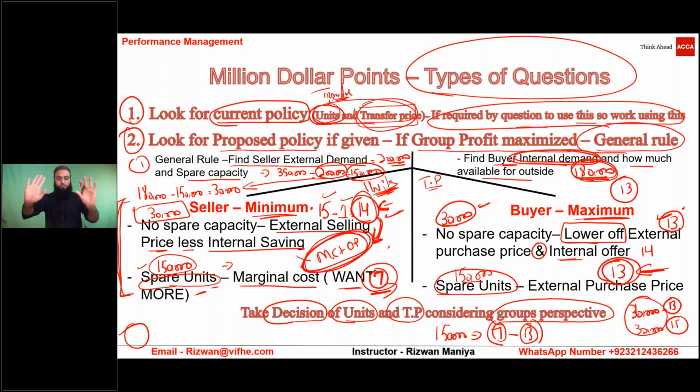Got it? So what is the decision now? We found the decision for two things, units and transfer price, which means the units that will be transferred will be the 150,000 spare units and the price would range between 7 and 13. Understood the final decision?